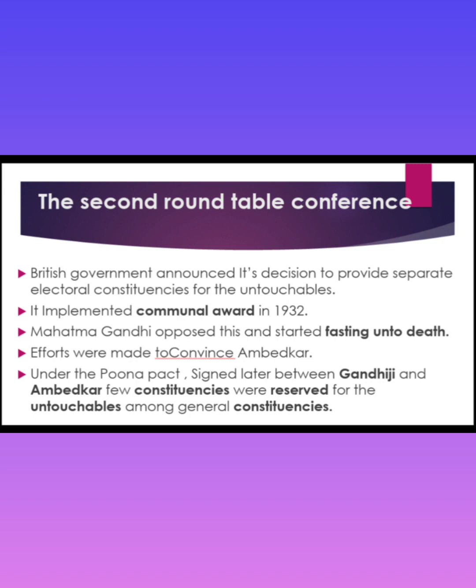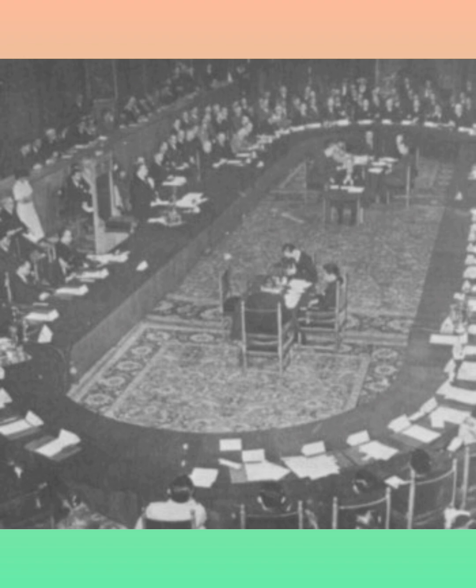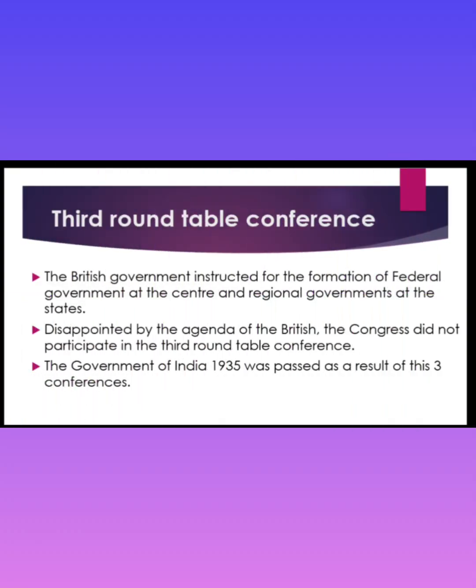The British government instructed for the formation of a federal government at the center and regional governments at the states. In this background, the third Round Table Conference was organized. The Congress did not participate in the conference, opposing the decisions of the government.